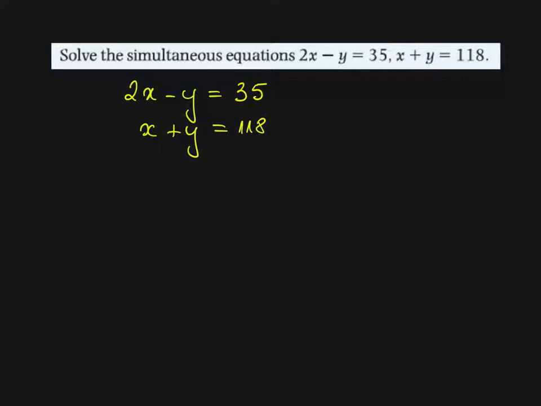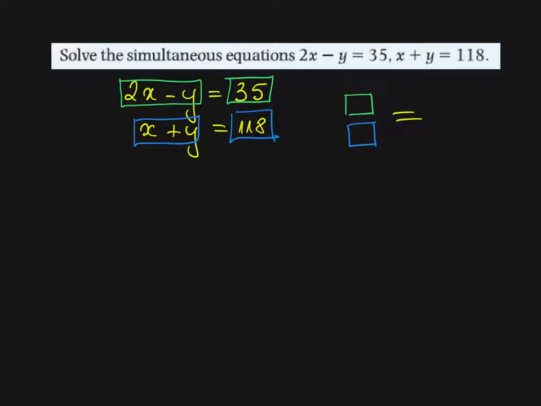This method is based on the understanding that if 2x minus y is the same as 35, so these green boxes are the same for the values of x and y I'm looking for, and x plus y has the same value as 118, then when I add a green box with a blue box from the second line, I get the same as when I add the green box on the right hand side with a blue box on the right hand side.